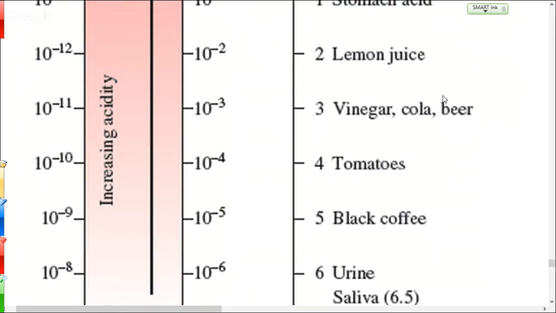The problem with that is that the threshold for teeth decalcification is right around 4.5 here. So if teeth are kept in that environment, the enamel on the tops of your teeth can start to wear away, and that makes it possible for bacteria to get in there.